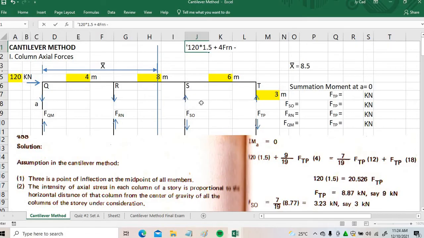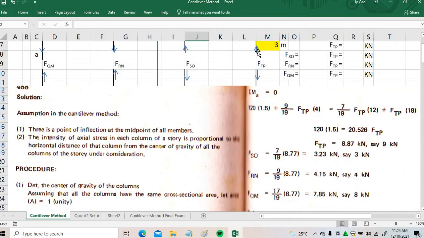Okay, so 12 times FSO minus 18 FTP is equal to 0. Okay, but then what is FRN, what is FSO, and what is FTP?